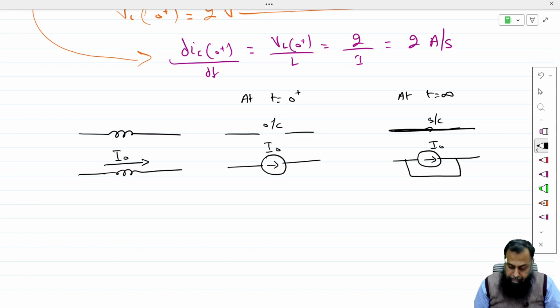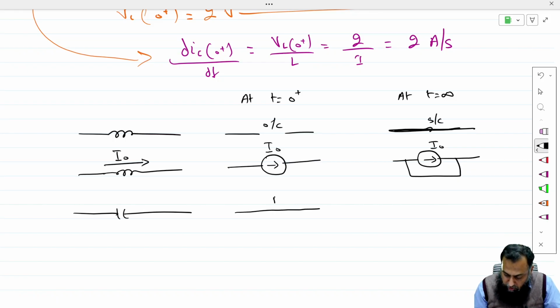The capacitor, on the other side, if it is an uncharged capacitor, meaning we don't have any voltage across it, behaves like a short circuit at time t equal to 0 plus. However, at t equal to infinity, the capacitor becomes an open circuit.